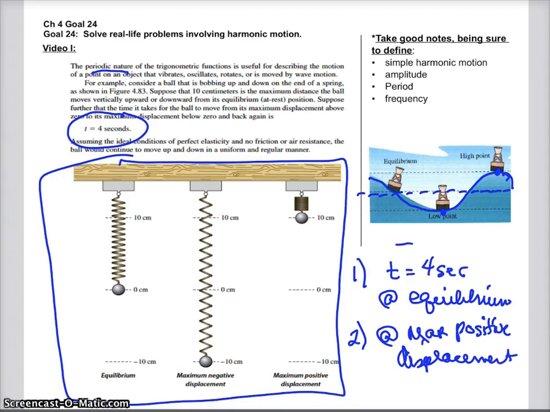So using the fact that t equals 4 seconds and this figure, write an equation when the ball starts moving from equilibrium and a second equation when it starts moving from its maximum positive displacement.